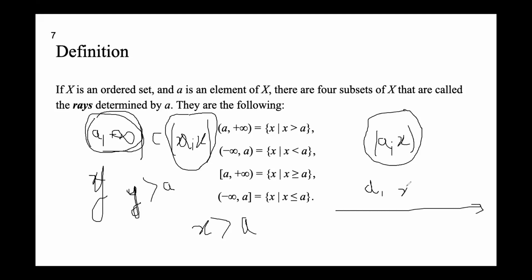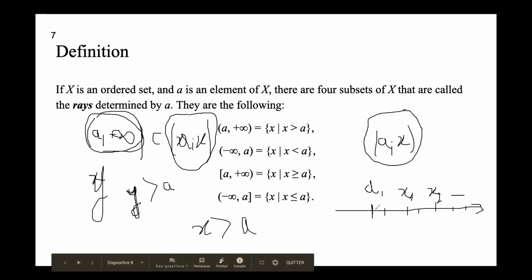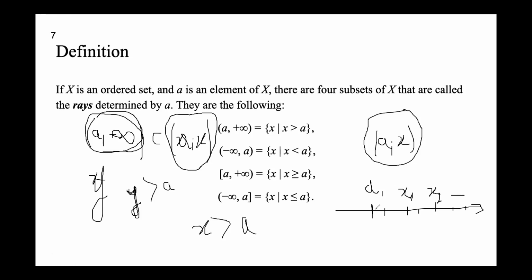So that's X1, X2, etc. We have Y greater than A, which means that Y would be here or here or here, etc. What are you trying to find? You want to find Y in the interval (A, X), right? Which means you're trying to find such X that (A, X) contains Y, just like in your picture.